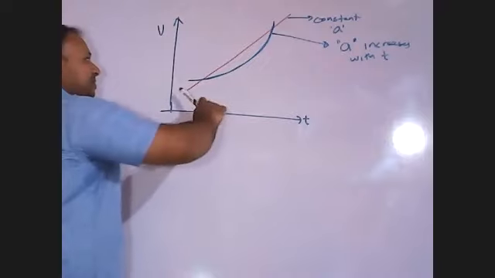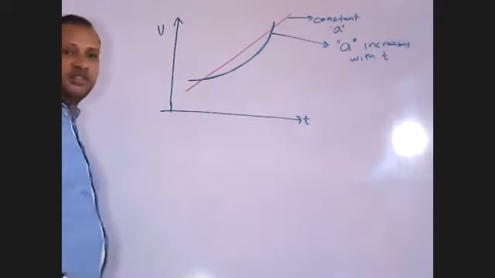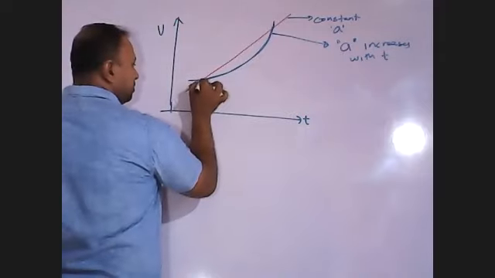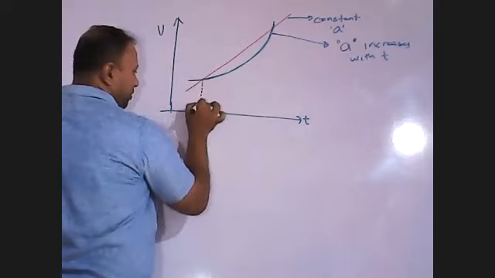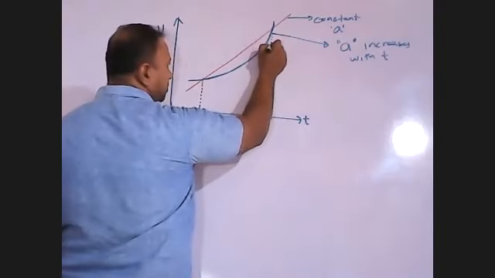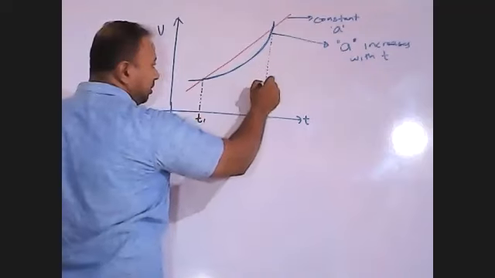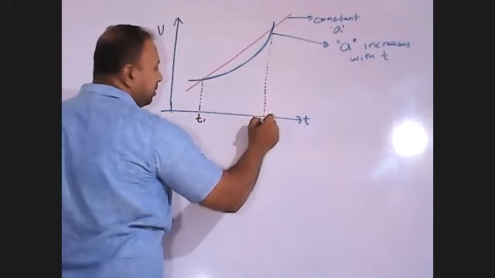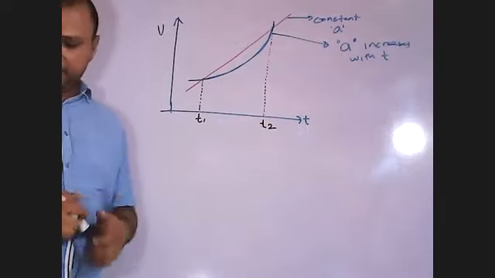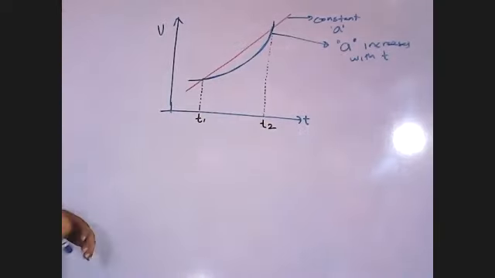The red color one, acceleration is a constant. Correct. So suppose these two points, this one is P1 and this one is P2.